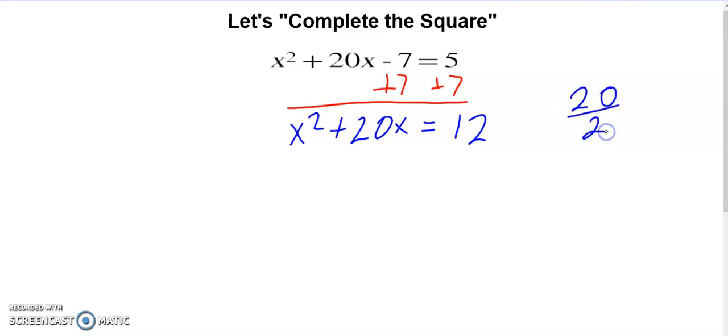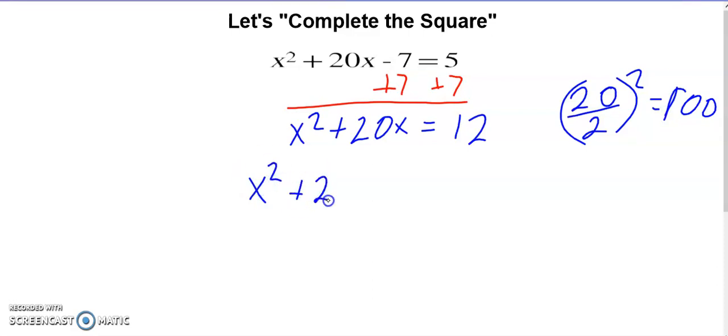We're going to cut it in half and square that value. 20 divided by 2 is 10. 10 squared is 100. We are going to add that 100 to both sides of our equation because I can add any number I want to both sides of this equation and it will not change its value.